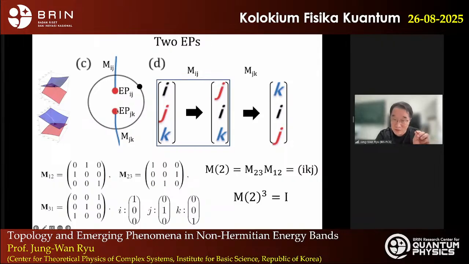If we finely control it, these exceptional points become the same point. That is a third order exceptional point. However, if we think about the topological structure at this line, the topological structure is the same. The local structure is different, but the global structure is the same. So we don't think about the high order exceptional point in this classification because we don't need them, because they're the same.